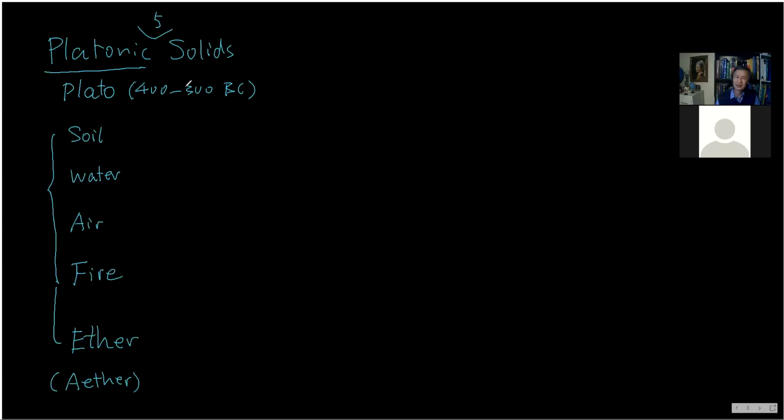So because of that, Plato proposed that each of these hypothetical material elements must have a proper shape. So that's why they draw these shapes. The first one is the cube, for the solid.